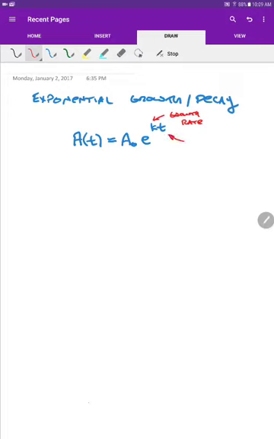Now we're not always going to be using time in years. Time may be any general time. It could be days, it could be weeks, it could be years, it could be any sort of time. A0 again, just like before, is our initial condition, our initial state. And A of t is our final result.